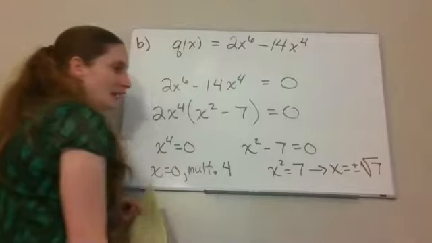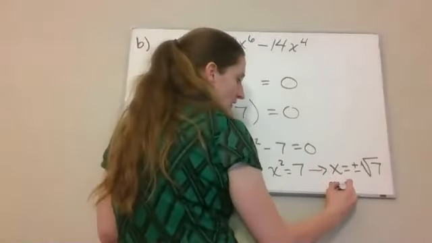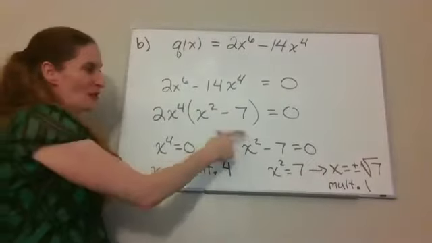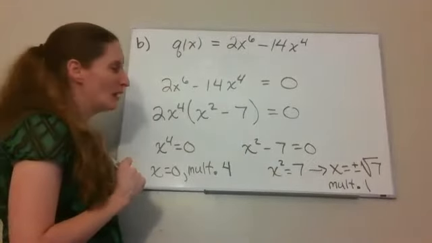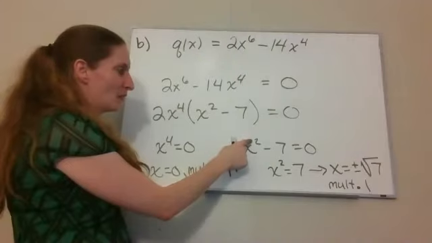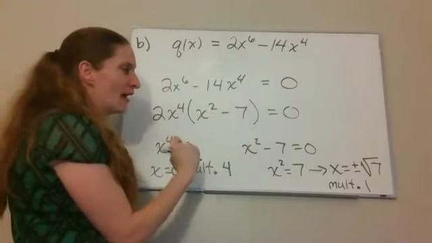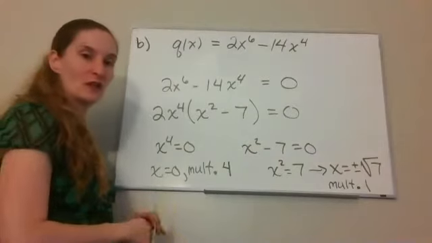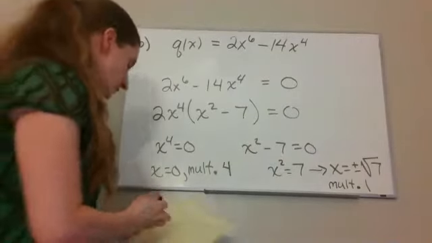The multiplicity of each of those is just 1. You might think it's 2 because I had an x squared, but notice that is supposed to stand for 2 different x values, and I got 2 different x values in my solution. So each one just has multiplicity 1.